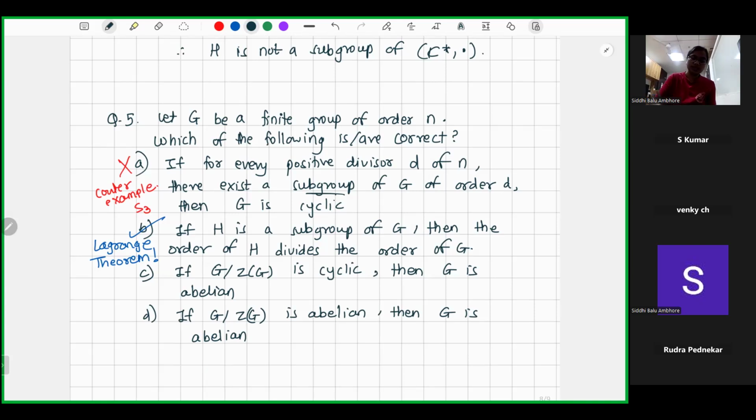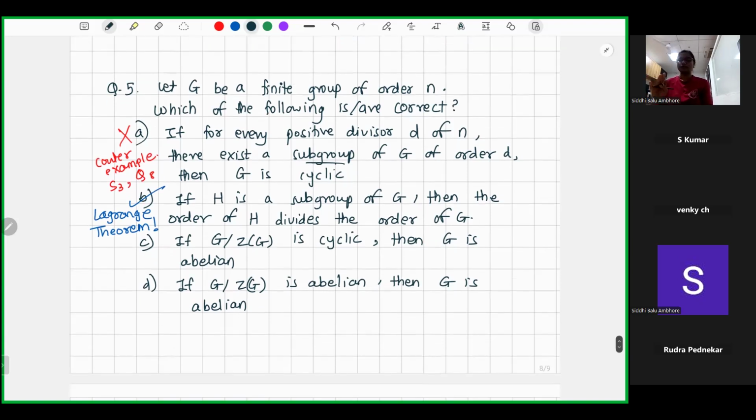So that was also an example which can be used to say that this statement is false: just because for every positive divisor D of n we have a subgroup of size D in G, G need not be cyclic. We just saw 2 examples.